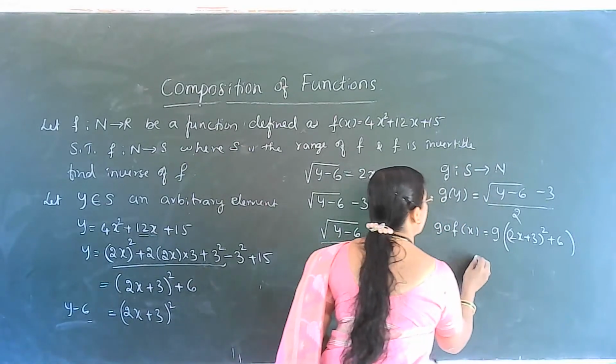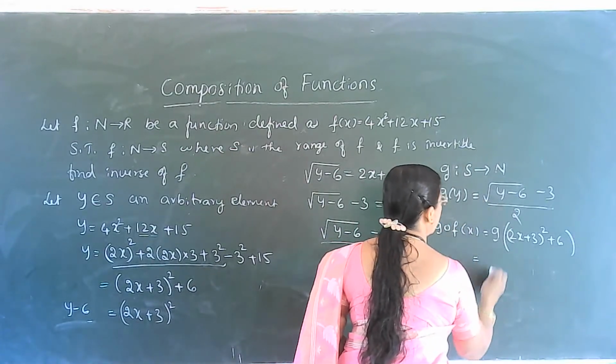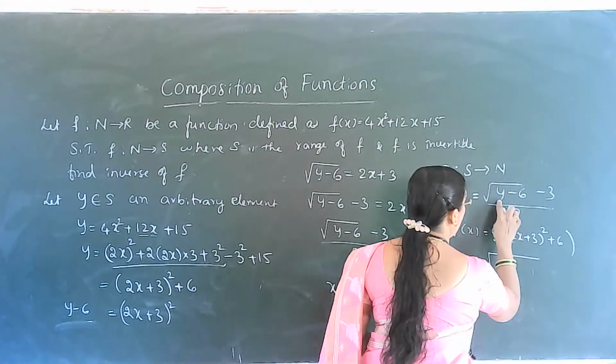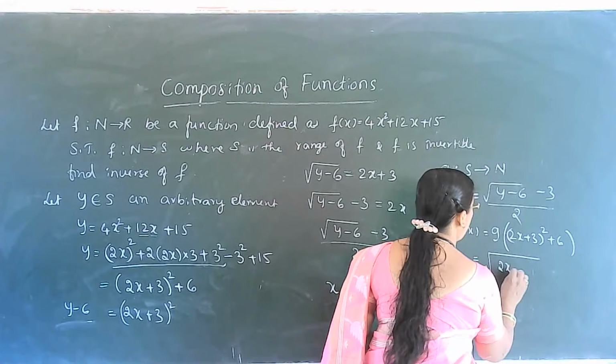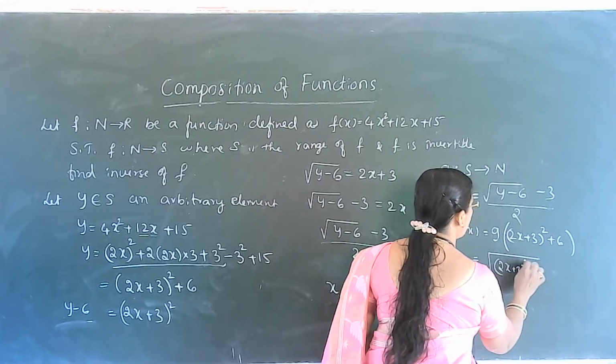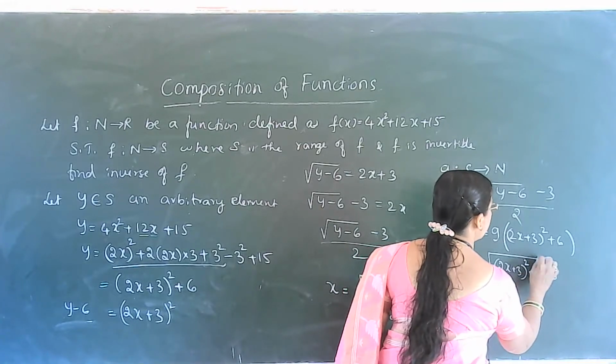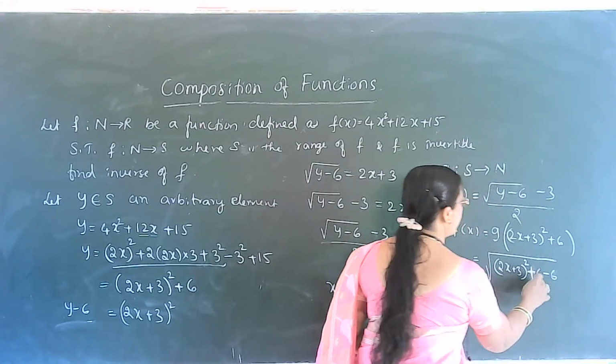It is the same. In g, we substitute y equal to (2x plus 3) whole square plus 6, minus 6, all under the square root.